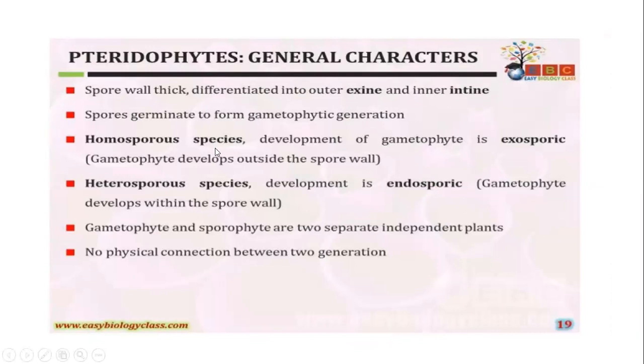In the homosporous species, which produce only a single type of spores, the development of the gametophyte we call exosporic type of development. That is, the gametophyte will develop outside the spore wall. Whereas in the heterosporous, the gametophyte will develop within the spore wall, that is, inside the spore. And in the pteridophytic group, the gametophyte and sporophyte are two independent and separate plants.